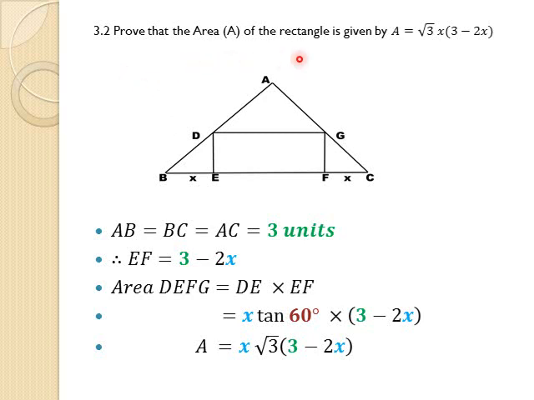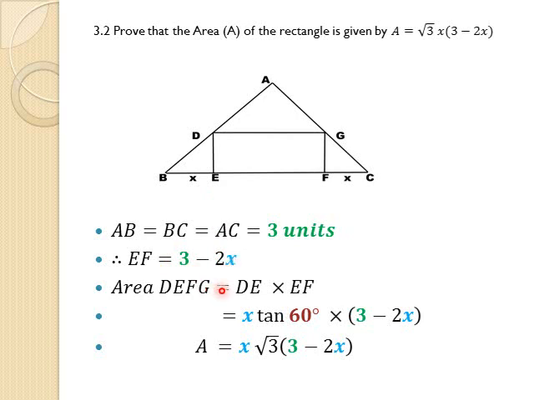Now prove that the area A of the rectangle can be given by A equals square root 3 x times (3 minus 2x). So first I need to remember that AB is the same length as BC, is the same length as AC, 3 units. So EF there, if this from B to C is 3 units, then EF is 3 minus the 2 x's. So EF equal 3 minus 2x.